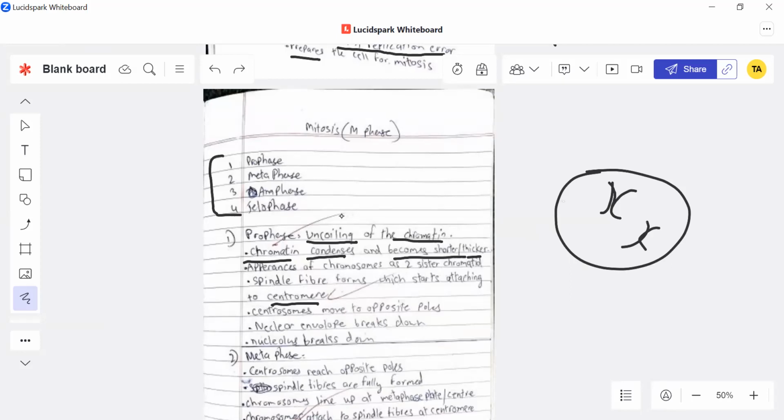Each end has centrosomes, or two centrioles, and they will form spindle fiber, which will start attaching to the center of the chromosomes, or the centromere. The center of chromosomes is called the centromere. Centrosomes attach to the centromere, and centrosomes move to opposite poles. So these centrosomes will start to move to the opposite poles.